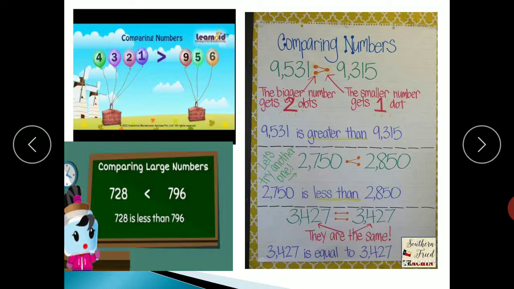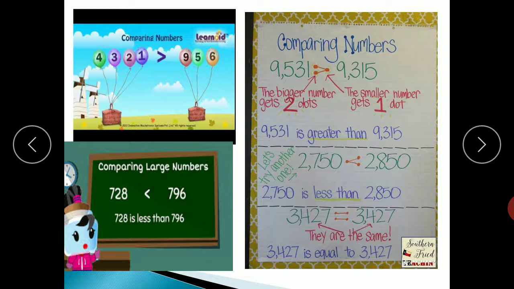Here, as I said, let us look at the greatest digit in which place. Both are in a similar place. Here 7 is in the 100 place and here 7 is also in the 100 place. Let us move to the next one, the tens place. Here 2 is in the tens place and 9 is in the tens place. It means 2 will become 20 and 9 will become 90.